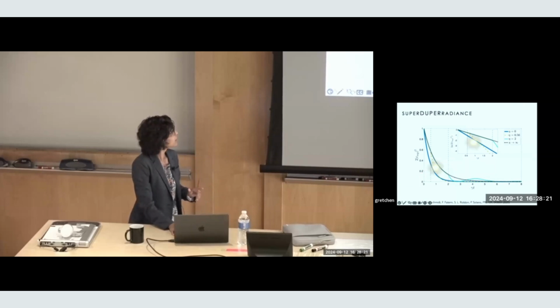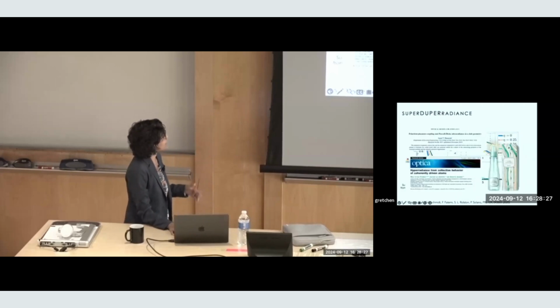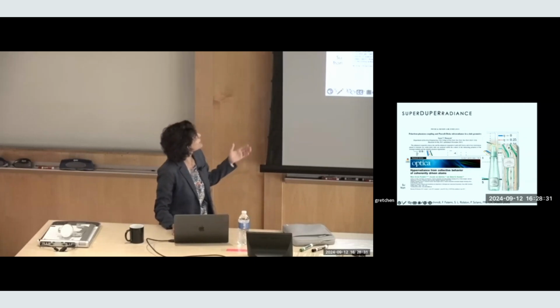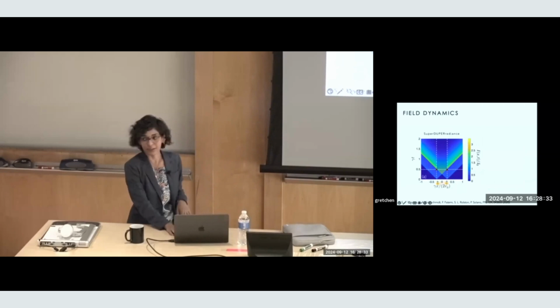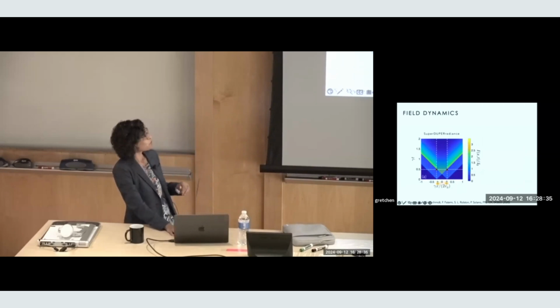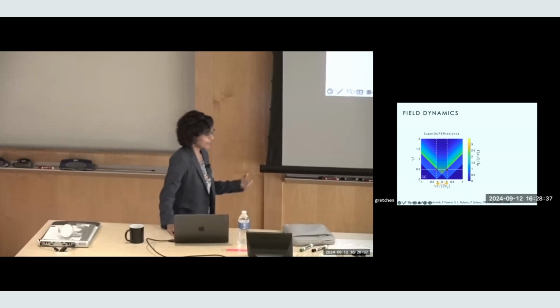And this is something we call super duper radiance. And the reason for that is, hyper radiance and ultra radiance were taken by other people, so that's kind of what we're stuck with.